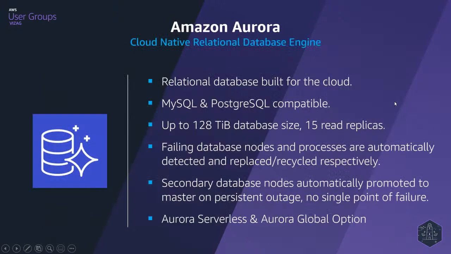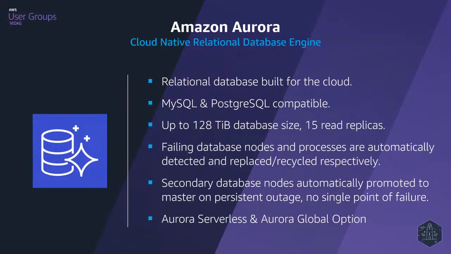Now, when we move to Aurora, the whole architecture is a little bit different. We are talking about cloud native relational database engines. So this is a database type that was built for the cloud, on the cloud by AWS. This is MySQL and Postgres compatible. So if you have a database that is already MySQL or Postgres, you can bring your database into Aurora.